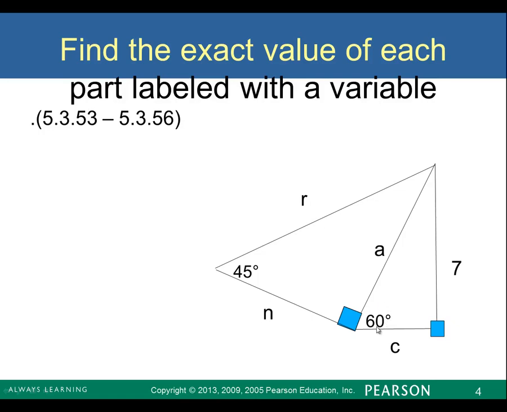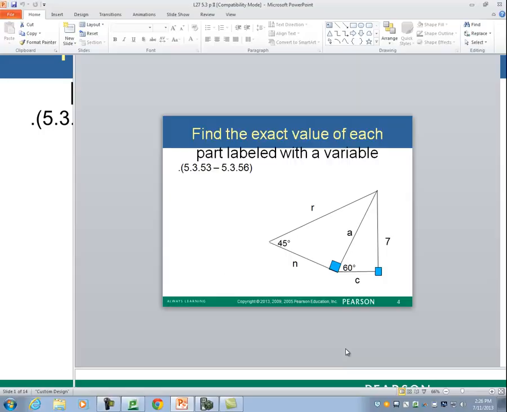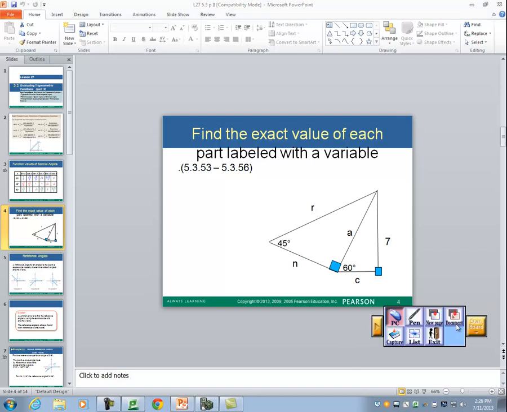And then we also have 60, 90, and 7 opposite that. So let's take a look at how this problem would be worked out.